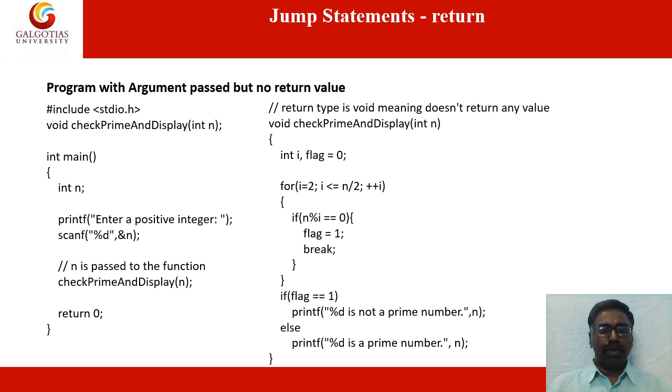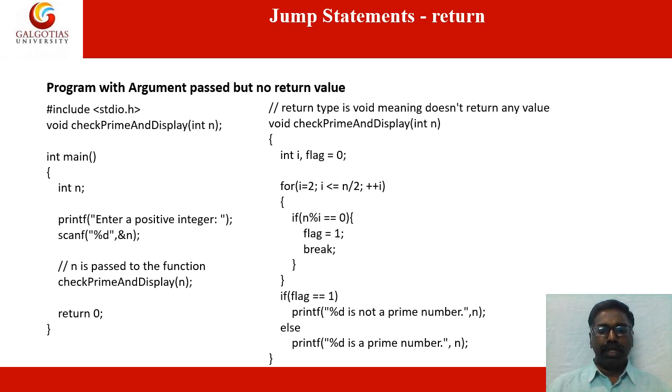Now we go through the program. Here in our program, we are asking the user to enter a positive number, and then this number is passed as the argument for the function called check prime and display. Now jump to the function. Here the function is given as void, which means it is not going to return any value to the main function.